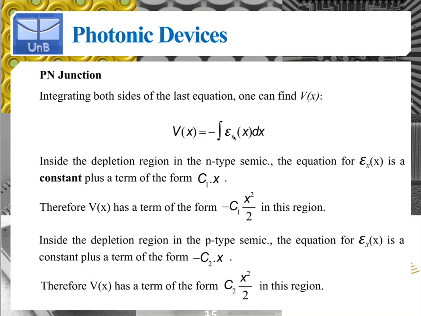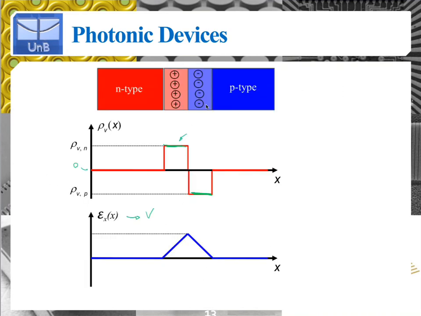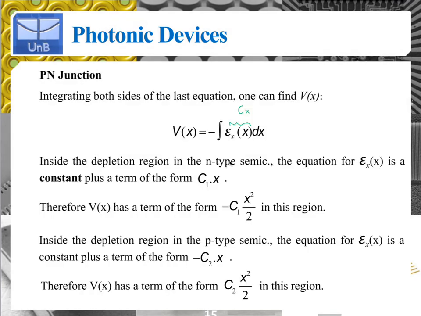As we've seen, this is going to be equal to C times x, where C is negative in the p-type semiconductor, because the charge density is uniform and negative. So you get minus a constant times x, which is this part of the x component of the electric field, and the constant is positive here, so you have a rising linear function here, but in either case you have this function, okay?